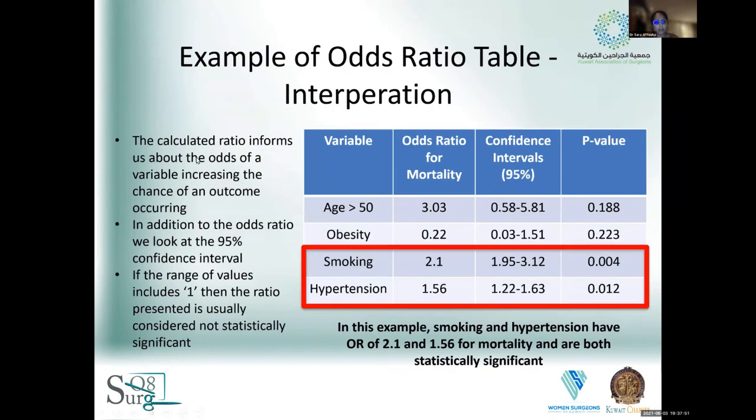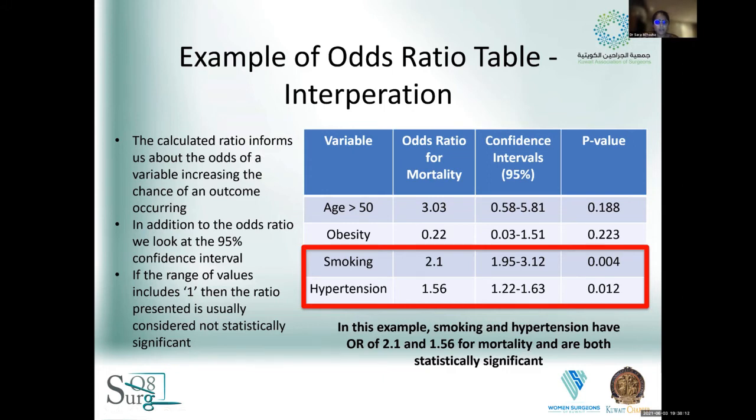Here's an example of what an odds ratio table would look like in a study. In the first column, again, we have the variable. So this variable could be age above 50, obesity, smoking, hypertension, whatever it is you're looking at. In the next column, we have the odds ratio for mortality.